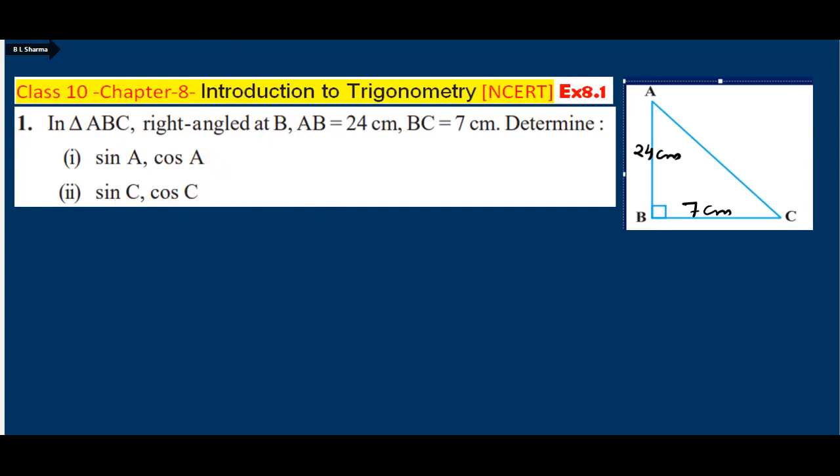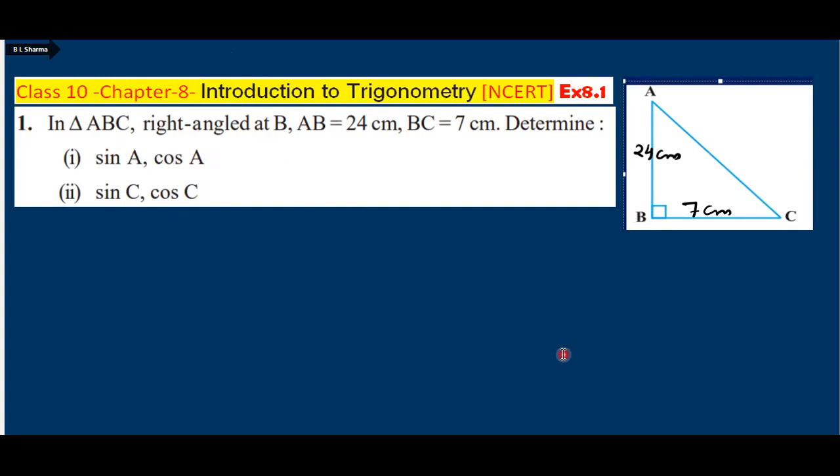Students, first of all, we have to see that only two sides are given in this right angle triangle. So we have to calculate the third one first. So we have to determine the third side AC here.